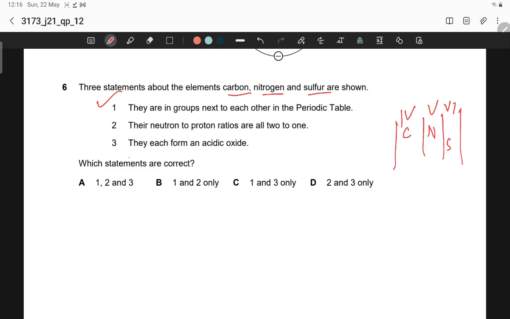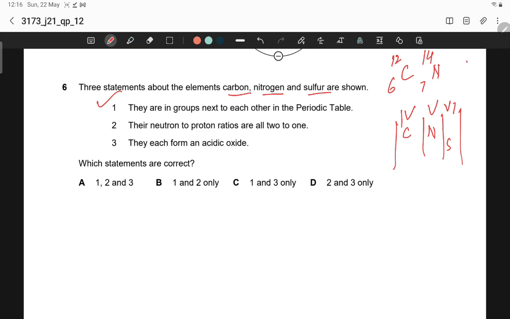This statement is correct. Their neutron to proton ratios are all 2 to 1. Carbon is 6, 12 and 6. Nitrogen is 7 and 14.